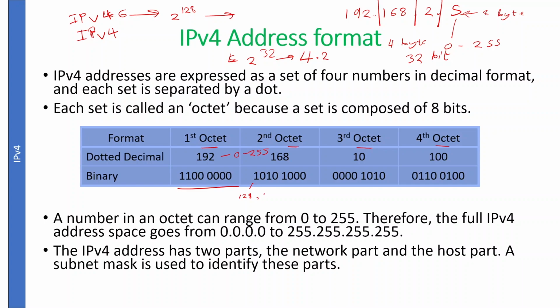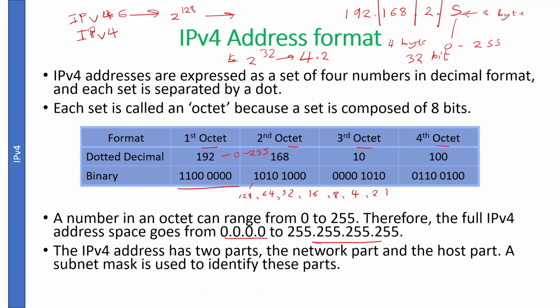Then we have 64, 32, 16, 8, 4, 2, 1. So each and every bit represents 2 to the power of this number, right? A number in an octet can range from 0 to 255. Therefore, the full IPv4 address space goes from this number to this number. This is the minimum number, this is the maximum number.